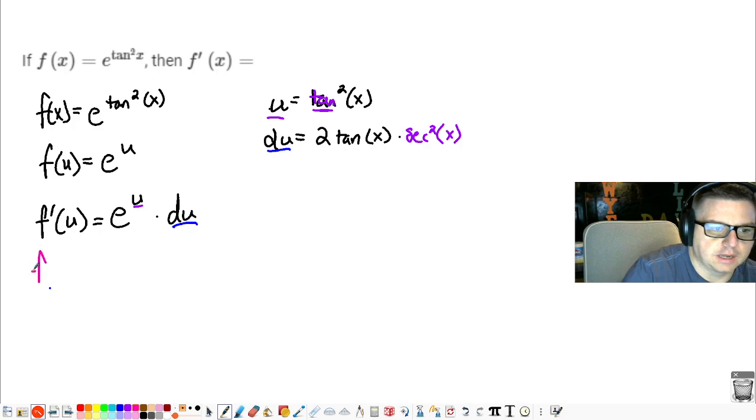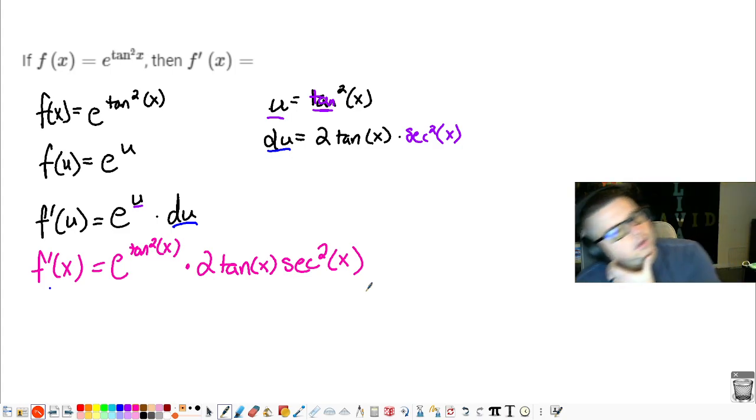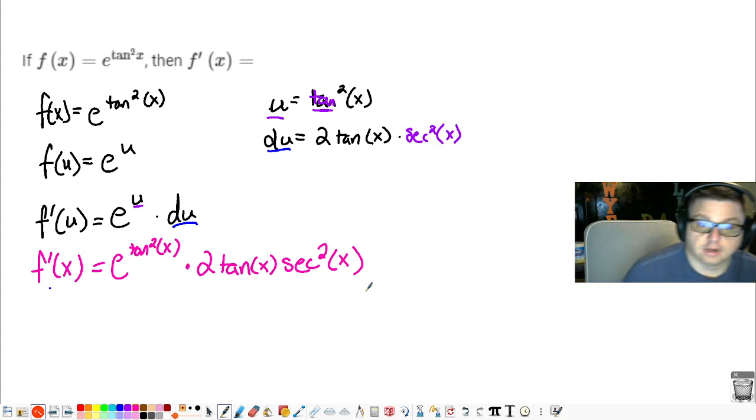So I'm going to have f prime of x, because we're going to put x back in, e to the u, which is tangent squared x times du. Well, du is 2 tangent x secant squared x. And this whole long answer is what the solution actually is. They might put e to the power at the end of it as opposed to the front of it.